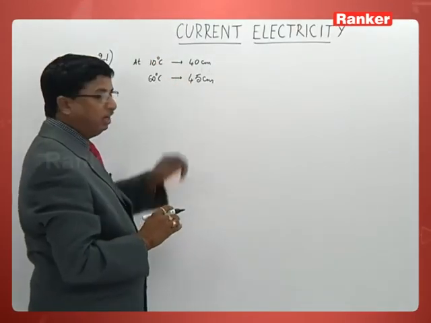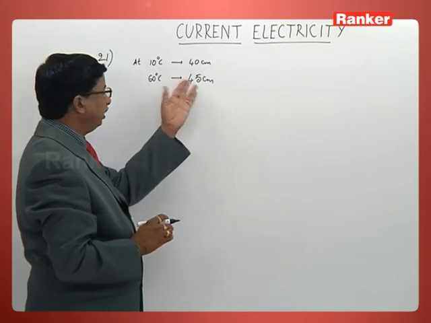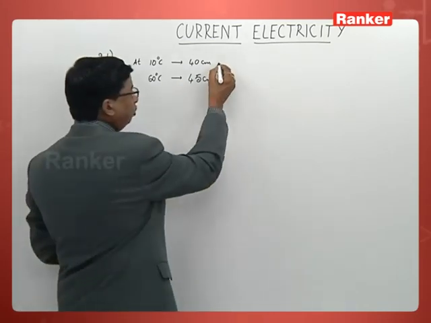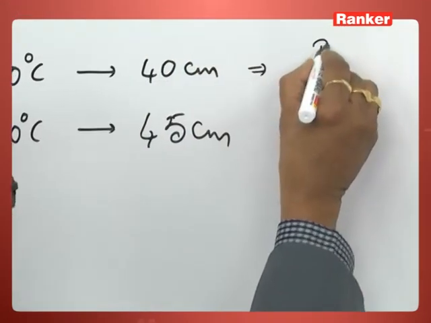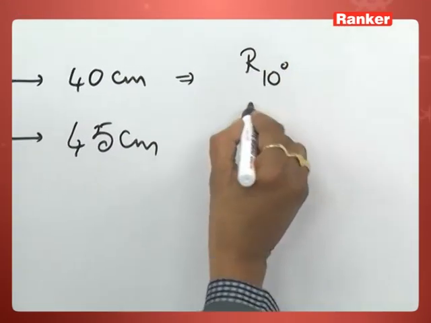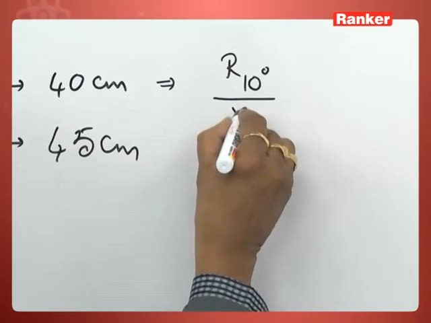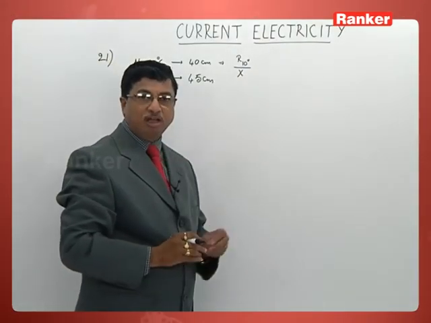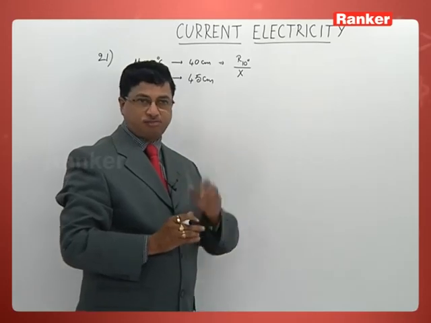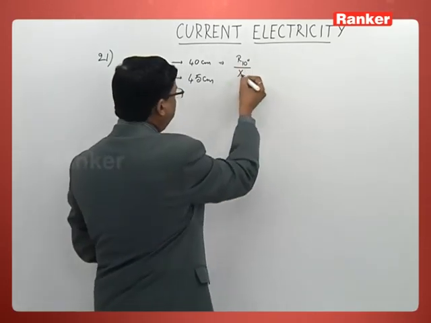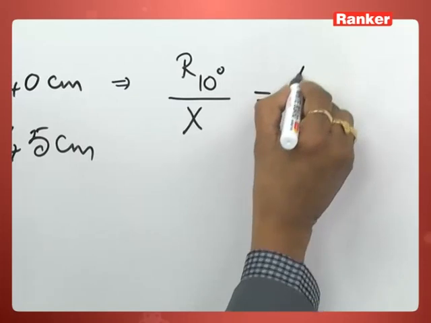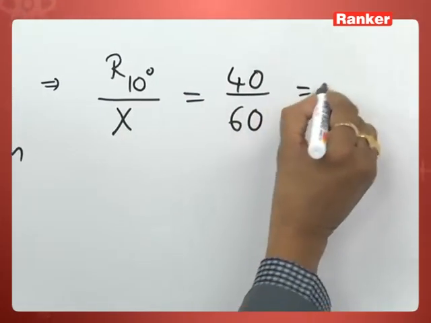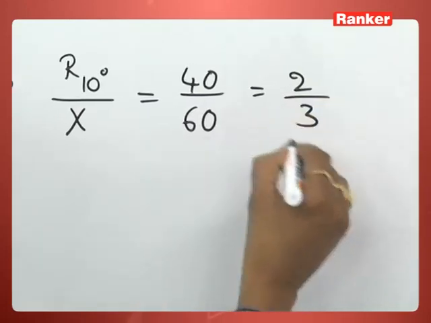For this given data, I write 2 equations. The first equation is R at 10 degrees centigrade by the unknown resistance in the right gap of the meter bridge, which I consider as X. So R10 by X is equal to 40 by 60, which you can write as 2 by 3.